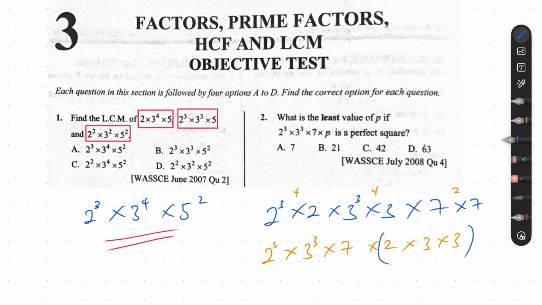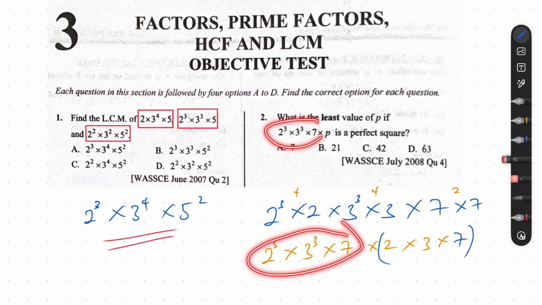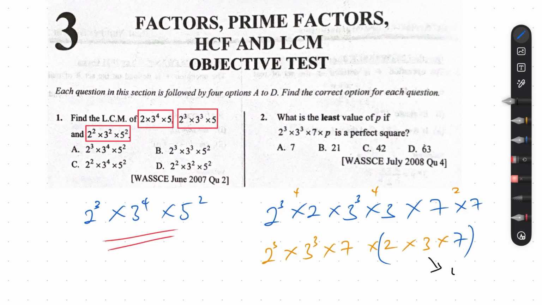So times 7 here. Yes, 7. So this, we have it here. So this P will be this one. And that will give us what? 42.